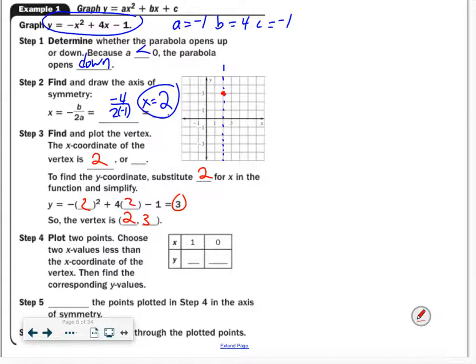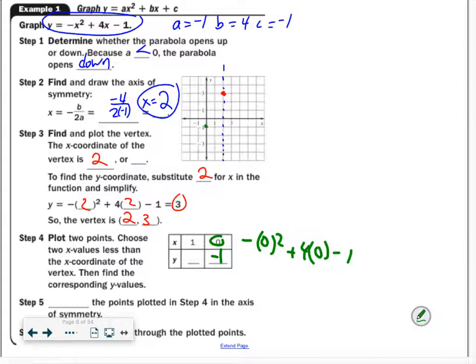Then, we can't just draw a parabola downward from there. We have to be more precise. That's where making the table comes in. So we pick a couple of values for x. And 0 is an easy one to use. If I put 0 into the equation, I'd get -0 squared plus 4 times 0 minus 1, which is -1.